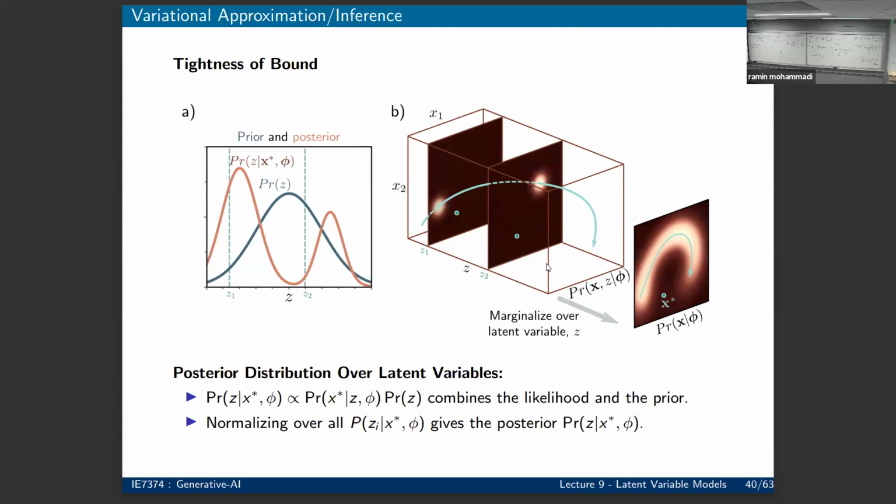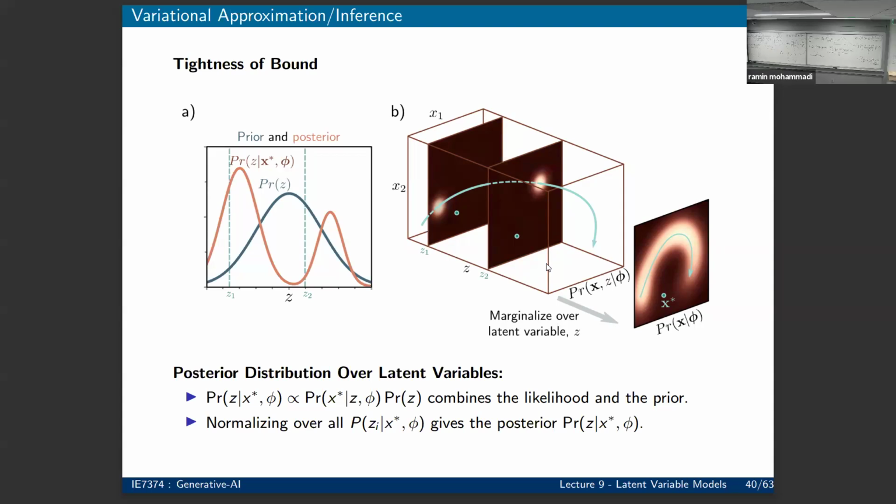Then you sample from the second one, it comes from another region, and so on. This was the marginal, but this is the x. However, if you look at these two latents, z1 and z2, z1 is more likely to generate the data point compared to z2. So every latent has a chance of generating that, and that chance is represented by the posterior.